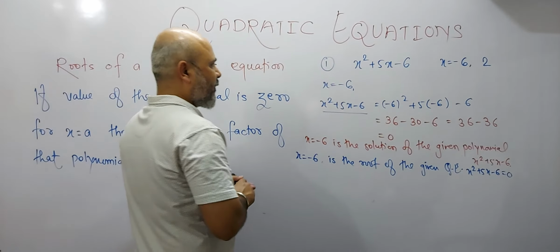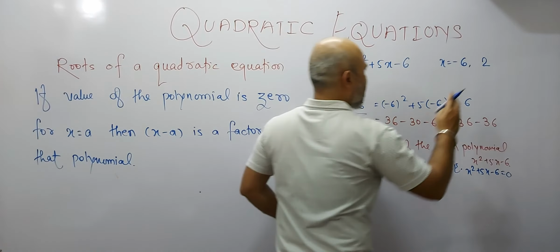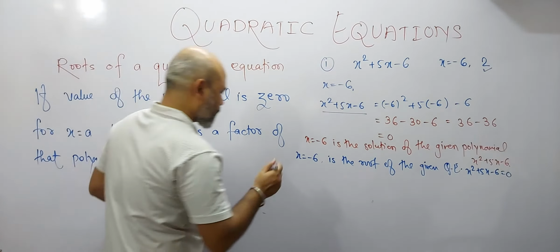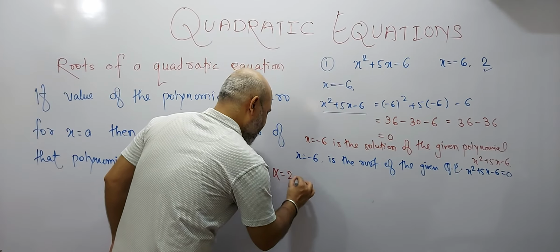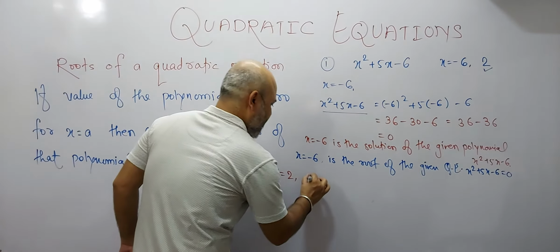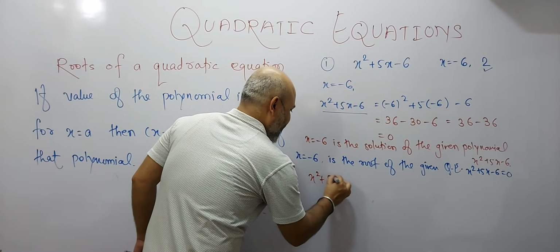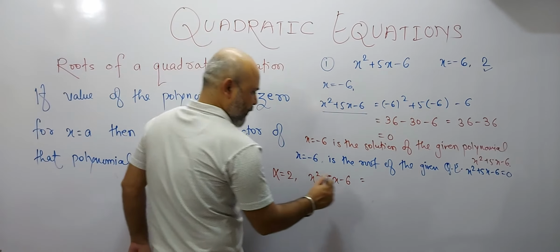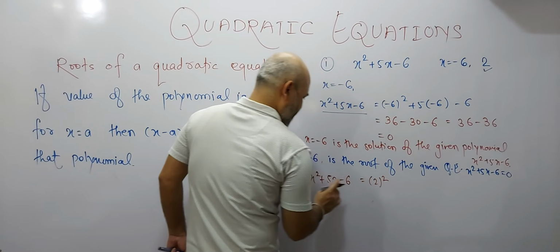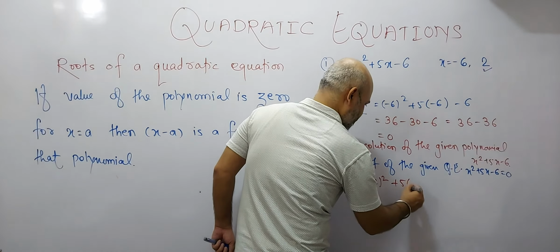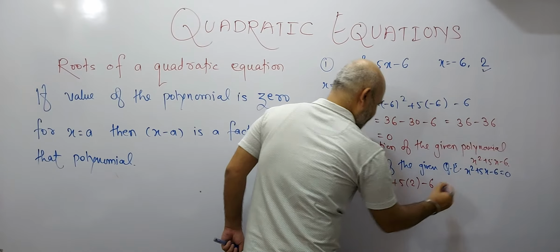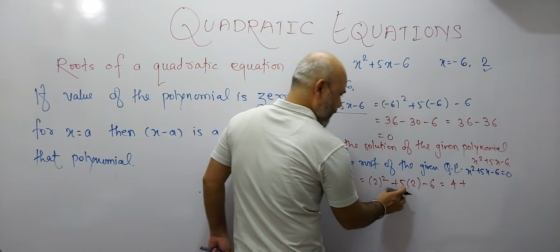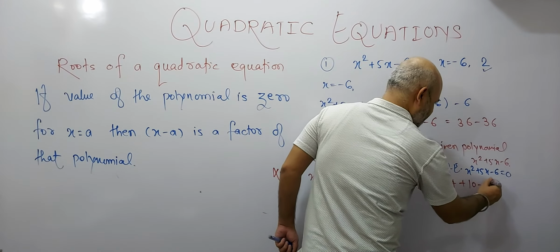Now second thing, now we will put x is equal to plus 2. What will we get? Our quadratic polynomial is x square plus 5x minus 6, which is equal to, x is 2, so I'll write 2 square plus 5 times 2 minus 6, which is equal to 2 square is 4, plus 5 twos are 10, minus 6.